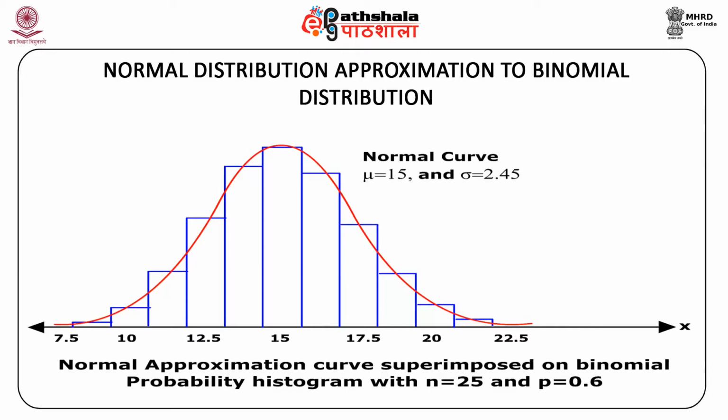First, if the number of trials n is large, and the probability of success p is not very close to 0 or 1. Second, also for small n, provided p is reasonably close to 0.5. To ascertain this for a given binomial distribution B(x; n, p), firstly, we draw a histogram with binomial probabilities with the given n and p.